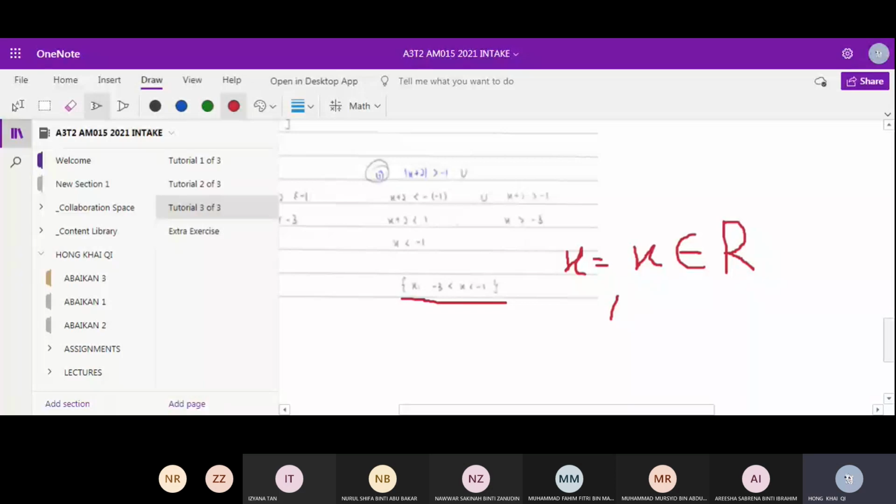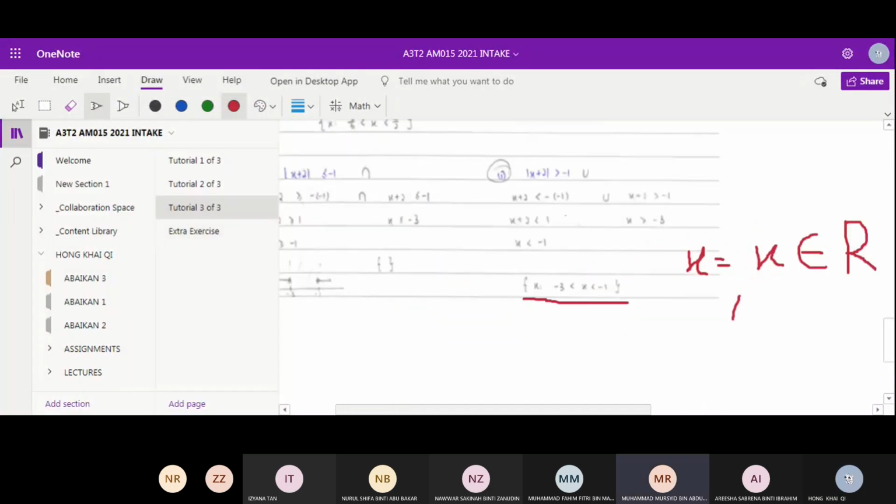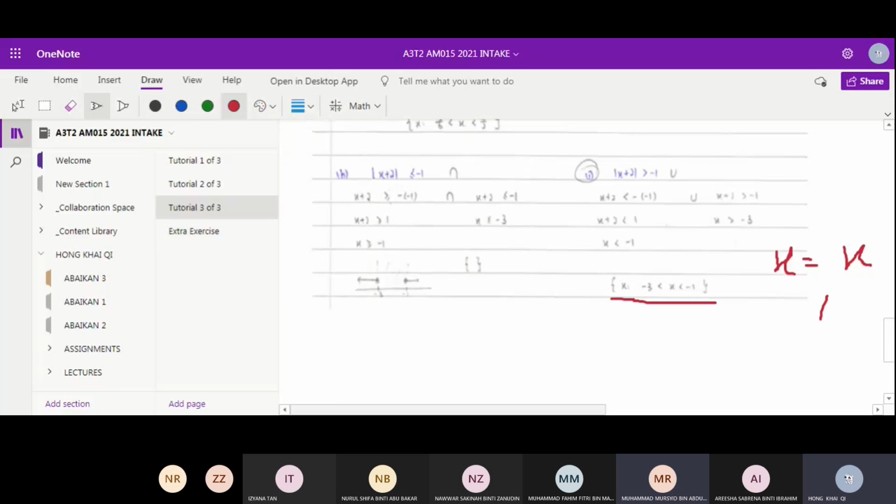So, any other questions? Okay, this one I know. First of all, we need to change the modulus first. So we have two equations.